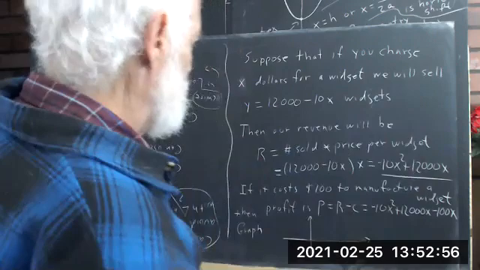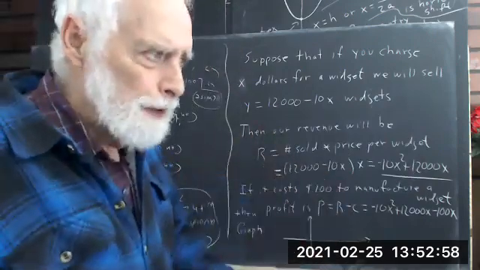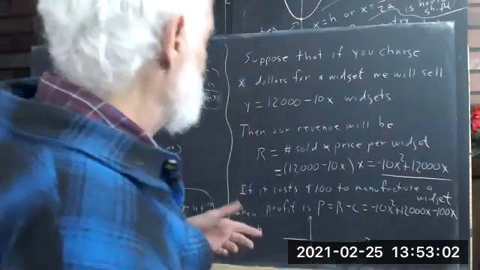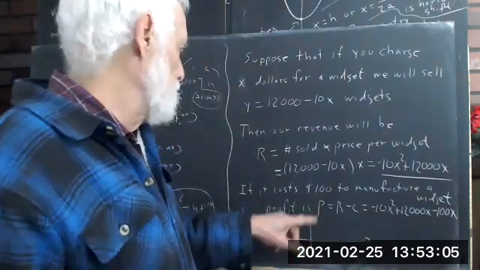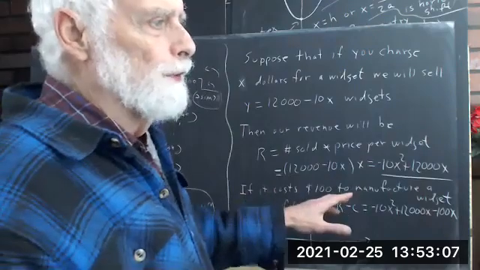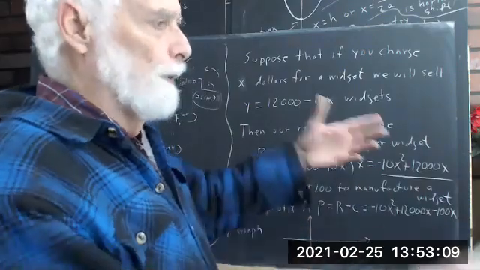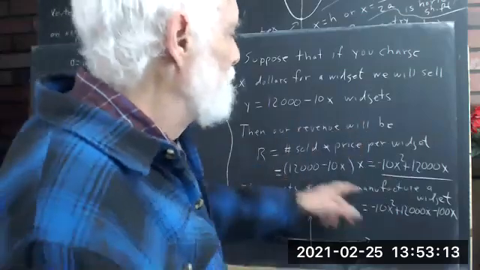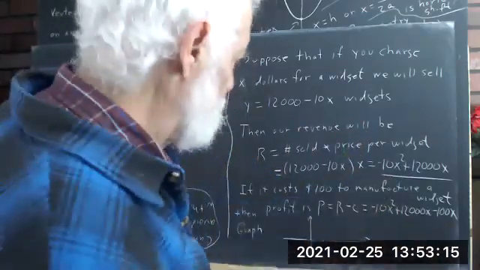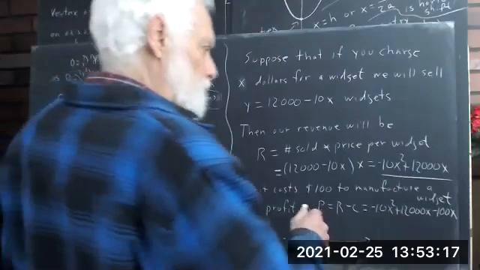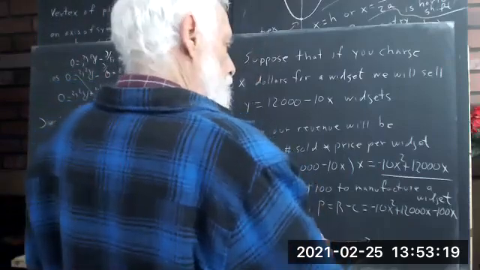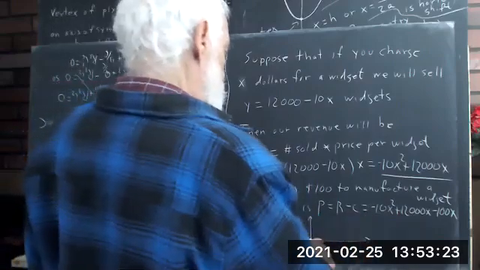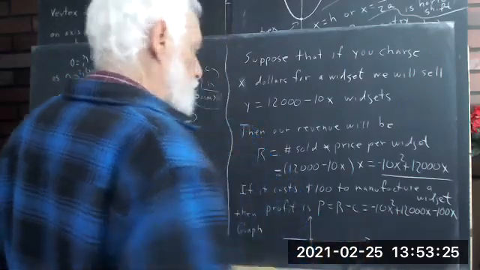And I really wanted to add some fixed cost to this thing, but you can read about that. It costs $100 to manufacture a widget, but you've also got to factor in the cost of setting up your factory to produce the things. So there'd be some constant number here, but there isn't one in this example, but that's going to be okay. Okay, you're going to have a graph that looks like this. When X is 0, your profit is 0.